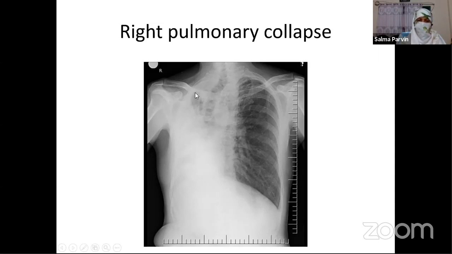The right lung is from here down to here, and the left lung is voluminous from here to here. The smaller right lung also contains the mediastinal structures, because the mediastinum is not seen at all here, so it is totally shifted into the right pulmonary density. So this is a right pulmonary collapse, also producing gross tracheal shifting to the right side.